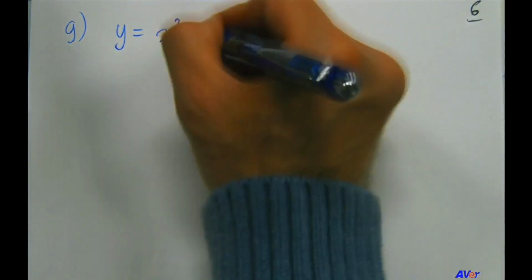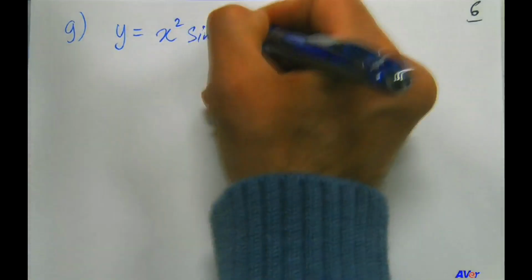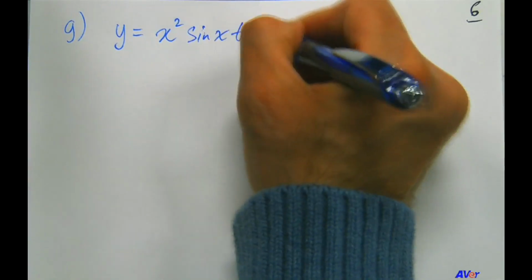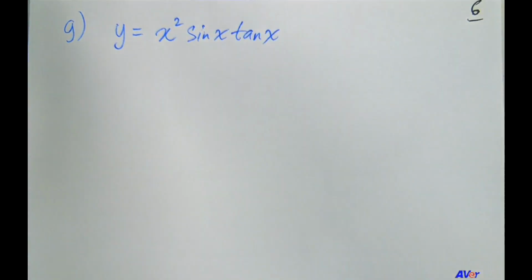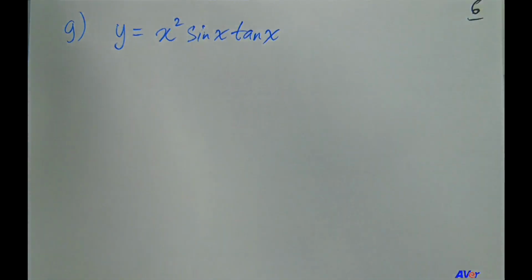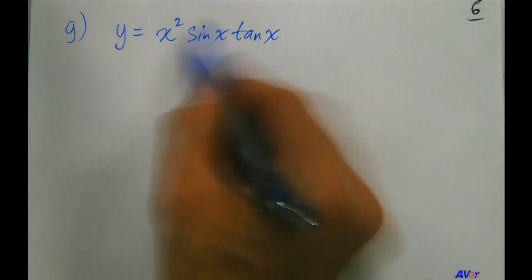x squared sine of x tangent of x. So this is certainly an example where we can apply the product rule, right? So it is very helpful if we pair these up.